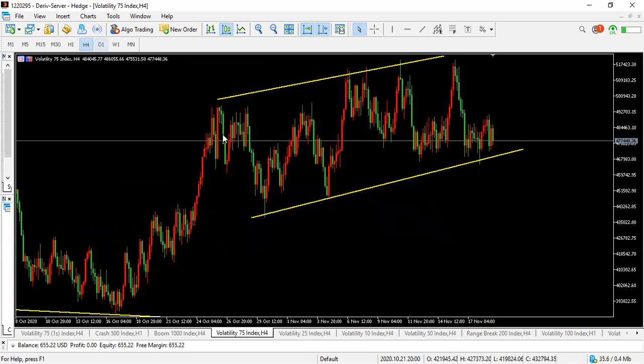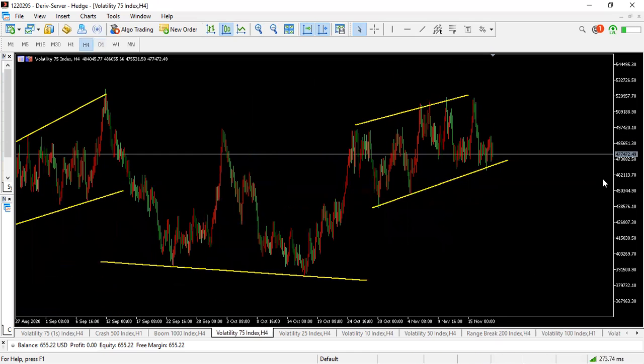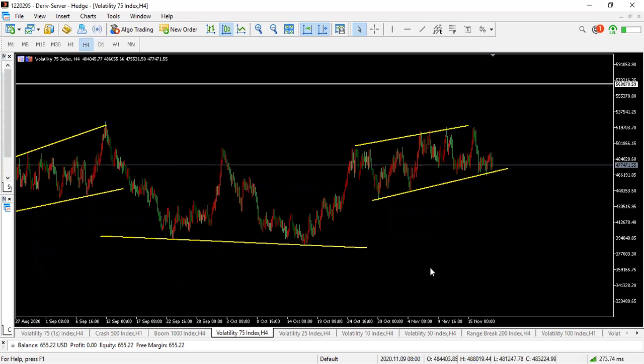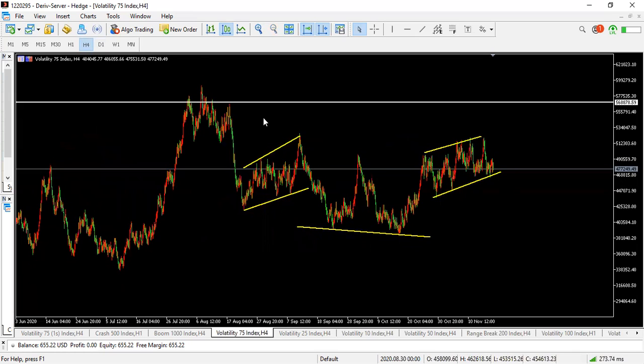Let us go on H4, guys. What are we going to do here? We are going to tweak the trend lines. On H4, we can see this is the big picture. We're having this kind of reverse head and shoulder, and we are looking for the right shoulder here to complete this pattern to the upside, guys.